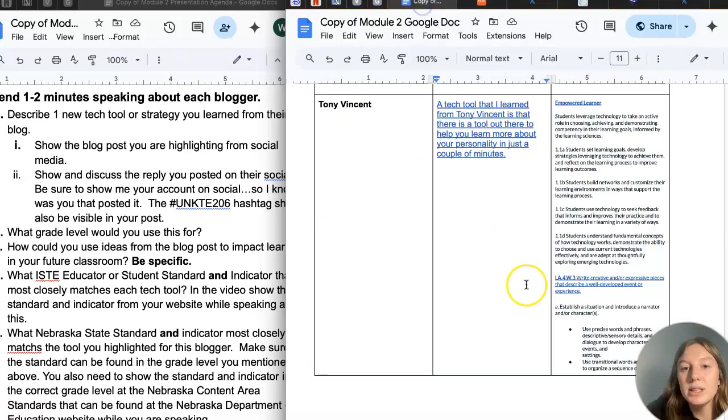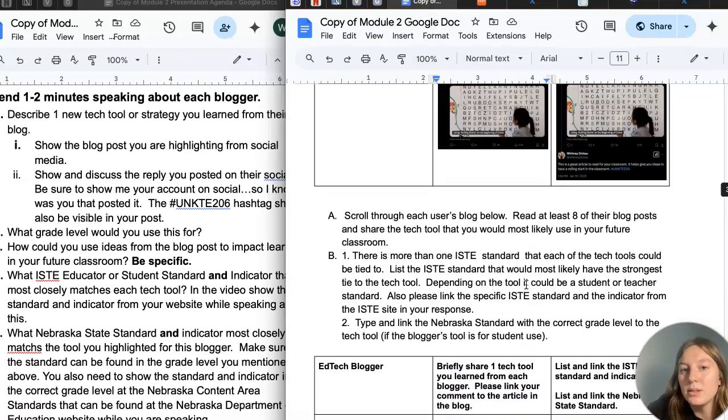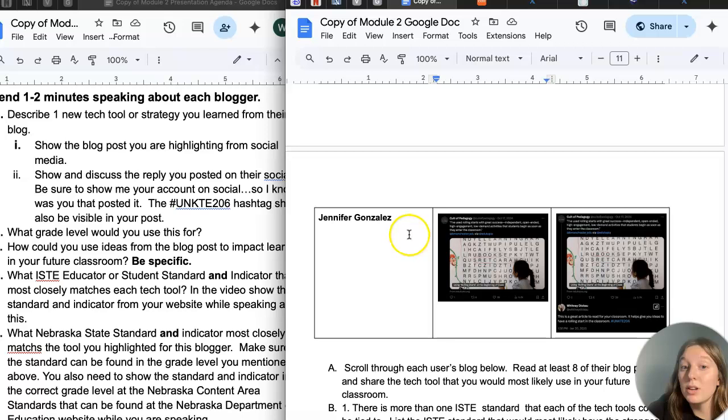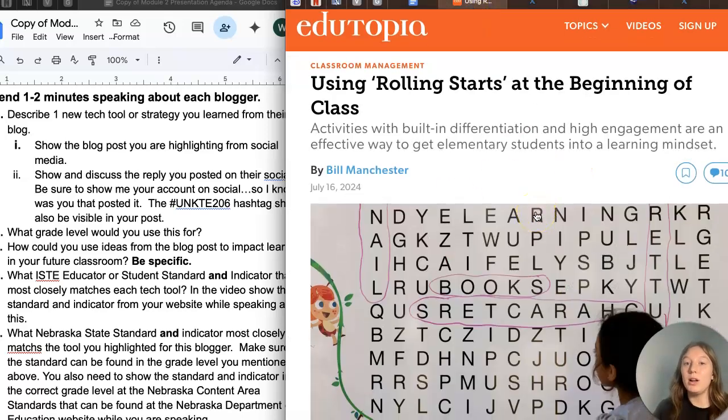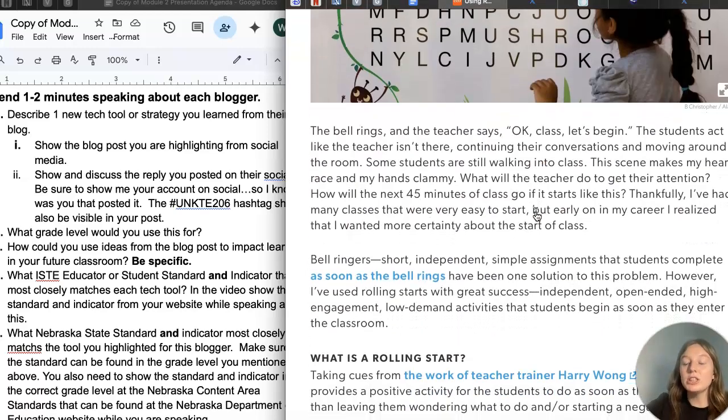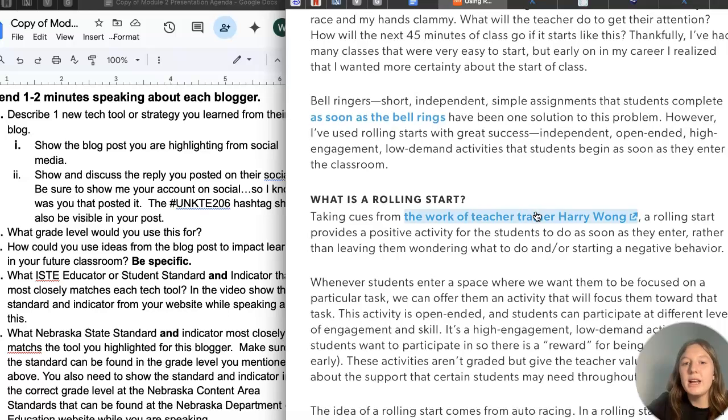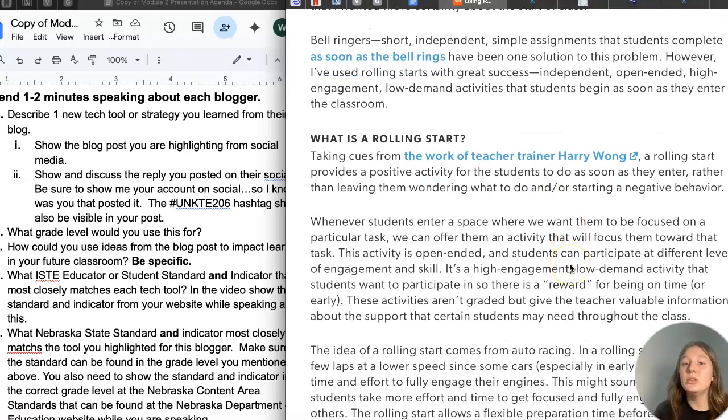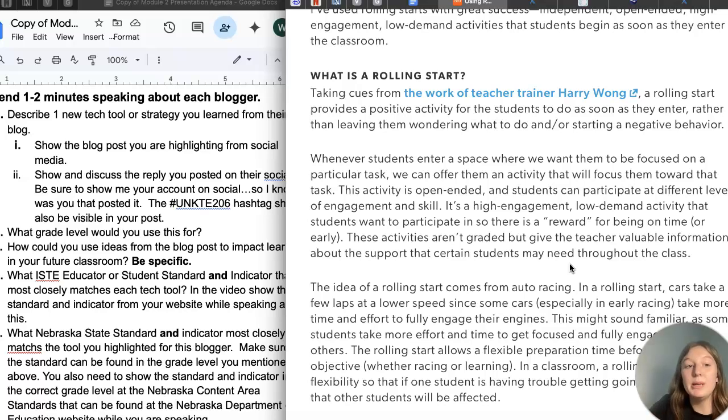For my next person, I have Jennifer Gonzalez. Hers was about rolling starts, so when they get into class, they're not just confused on what to do, but instead they have an activity to do the second that they walk in. That way you know they're getting focused from the get-go.